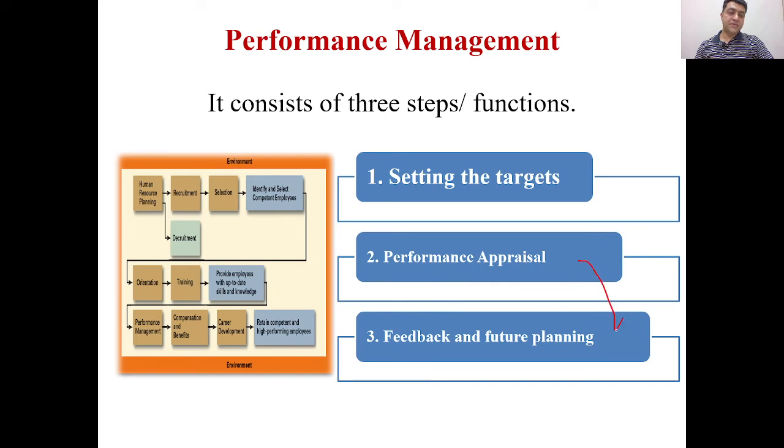Then based on the appraisal at the end of the year or at the end of some term, you give them the feedback and you also plan for the future. Maybe your targets were not set right, so you may reset them. Maybe there was some lacking in training, you address that. So these are the three things that you need to do in performance appraisal management.